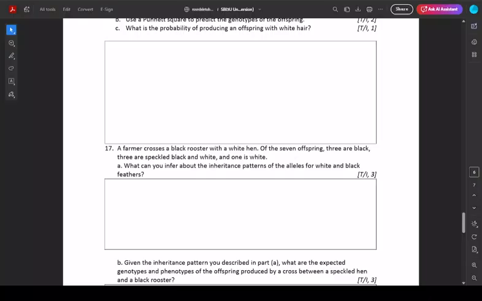Oh no, sorry, it's incomplete dominance, so BB and WW. So the parents should be BW and BW. No, there should be something wrong with this question because you can't have it. This question is wrong. Skip it.